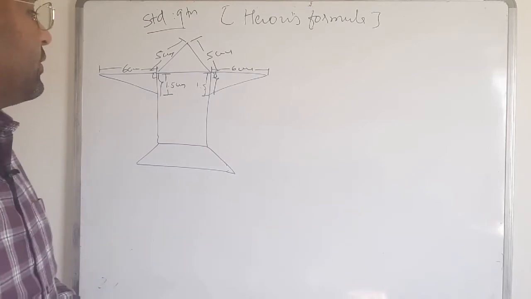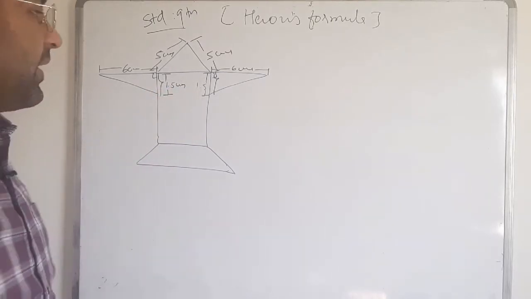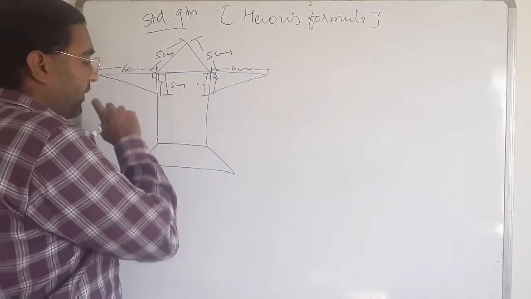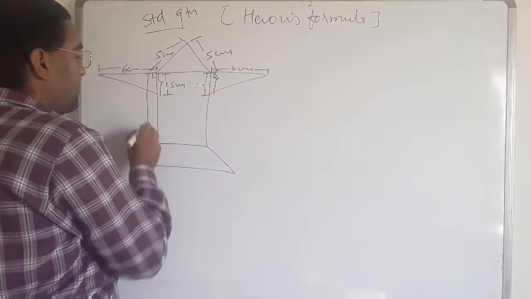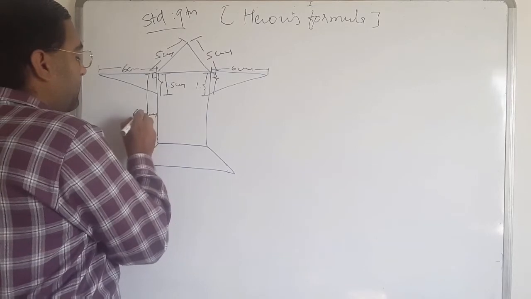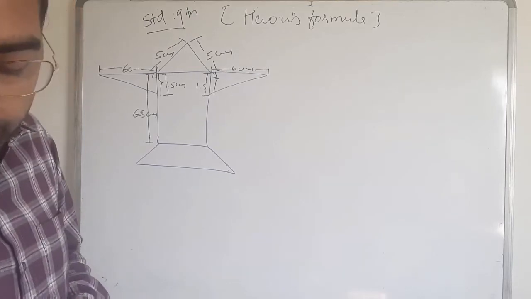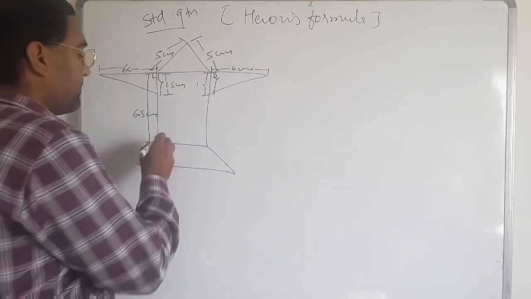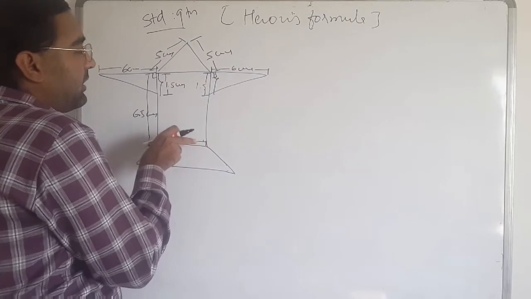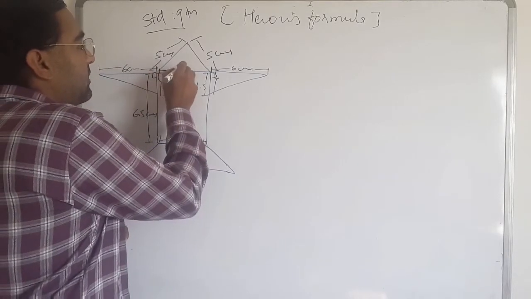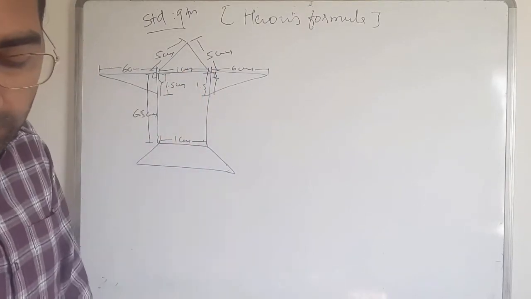Now we are going to the rectangular portion. For the rectangular portion, the total length of the rectangle is 6.5 centimeter, and the breadth of the rectangle is 1 centimeter. Here it is 1 centimeter, it's a rectangle, so we take this side also as 1 centimeter, because opposite sides are equal in a rectangle.